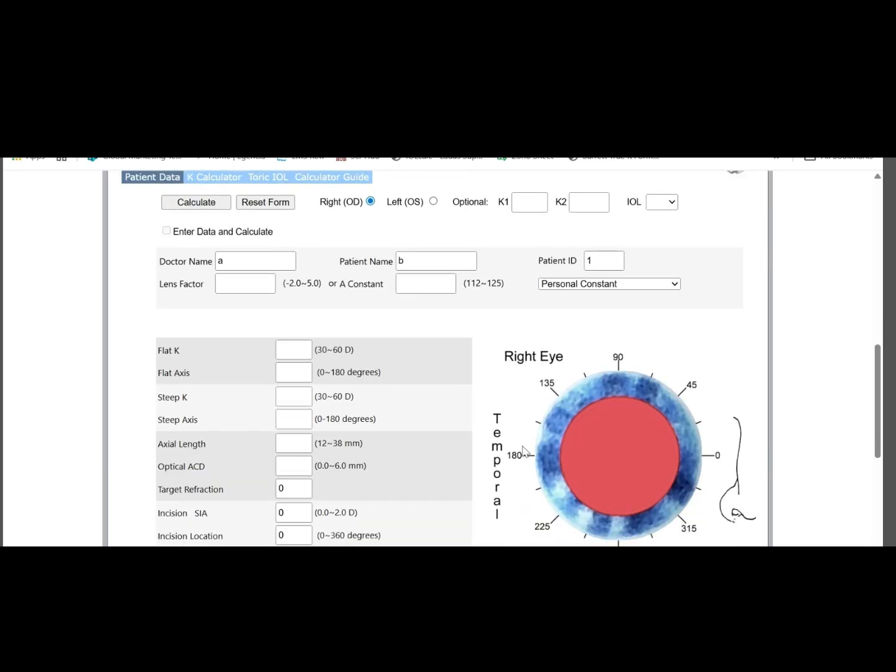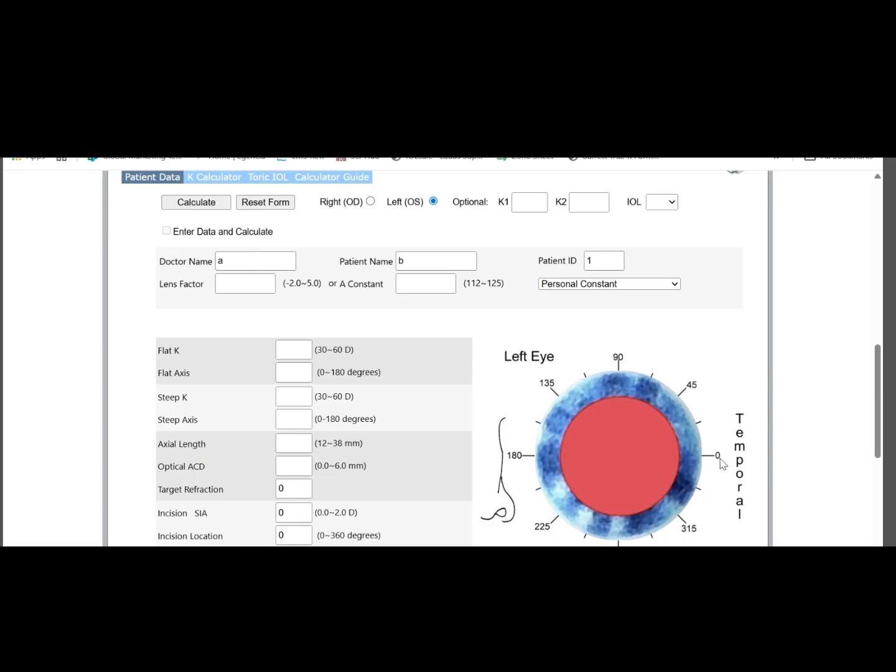Now you see that with the right eye, the temporal is now 180 degree, and when I click on the left eye, the temporal is on the 0 degree. It's the surgeon's discretion whether he is going to put the incision at 0 degree or 90 degree. You always ask the surgeon where he is going to be comfortable.